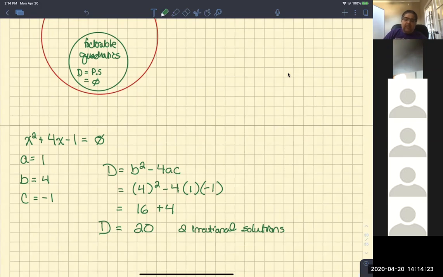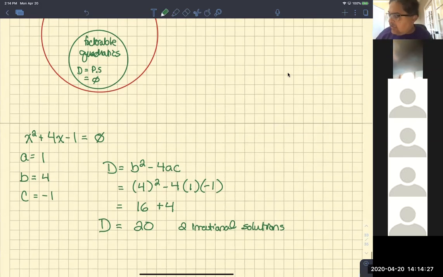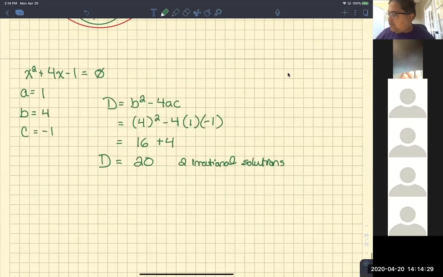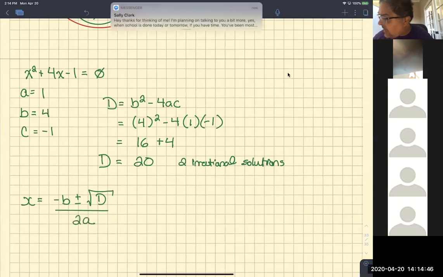Now, once we know what the discriminant is, we can go and find what x is. So now that we said the discriminant is b squared minus 4ac, the quadratic formula is negative b plus or minus the square root of the discriminant, all of it divided by 2 times a, which is the leading coefficient. So now we plug it in.